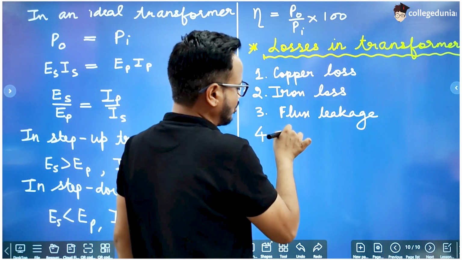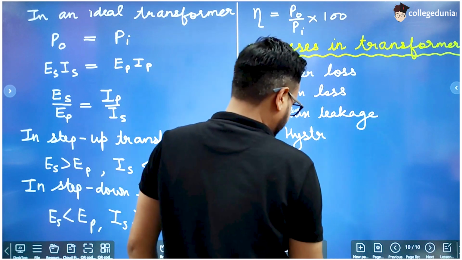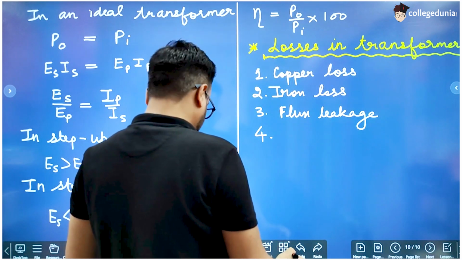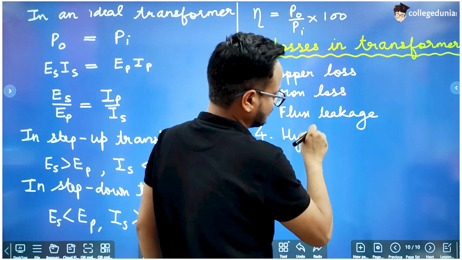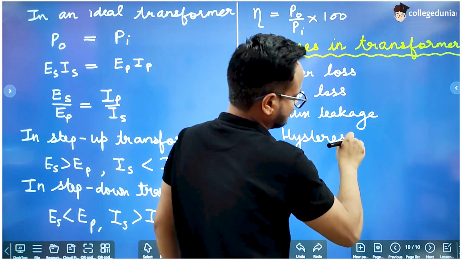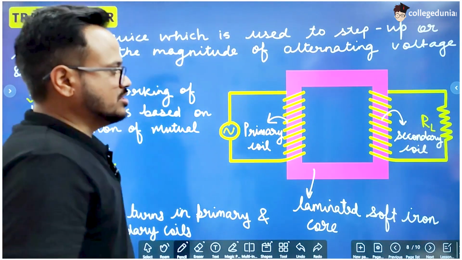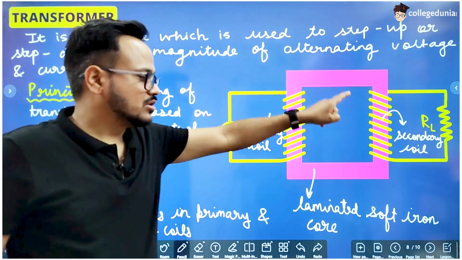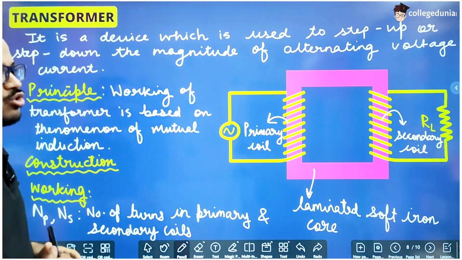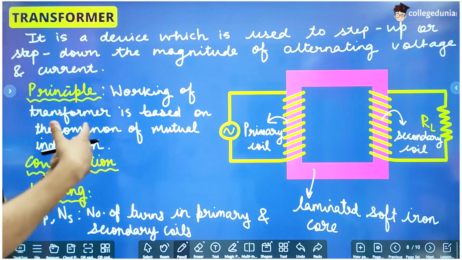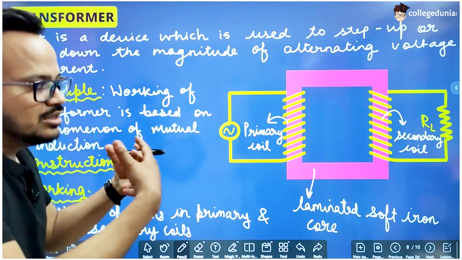Number 4 is called hysteresis. What is hysteresis? Since this is an alternating current, the current in this core is first increasing, then decreasing, then increasing again, then decreasing again.